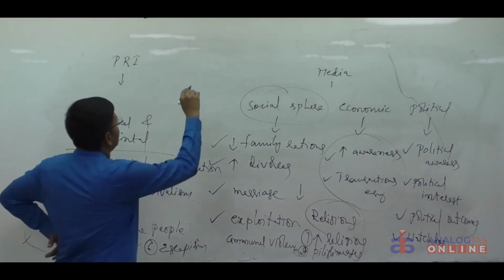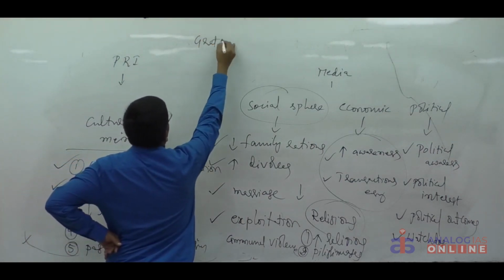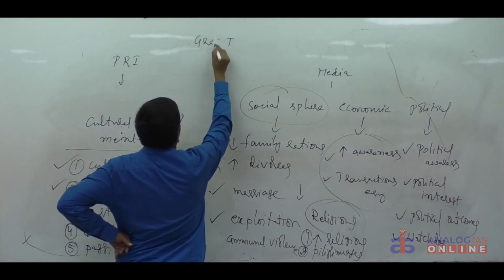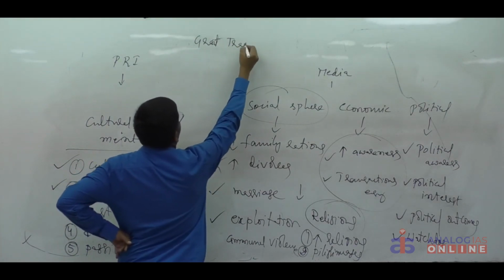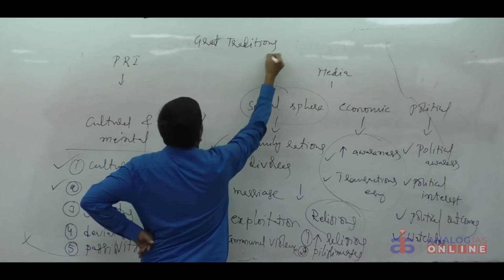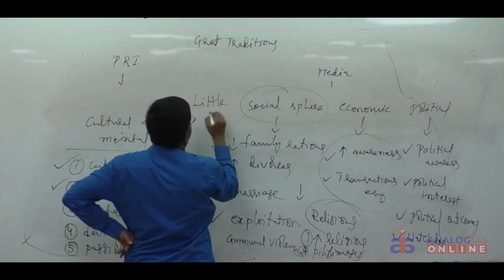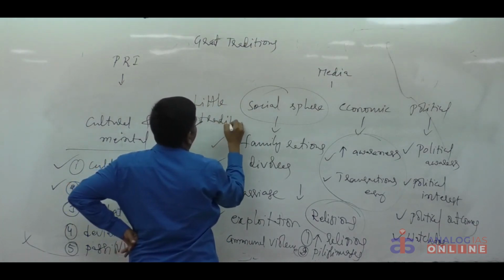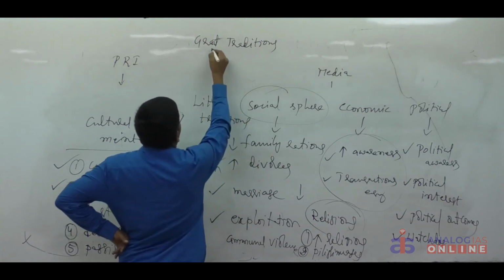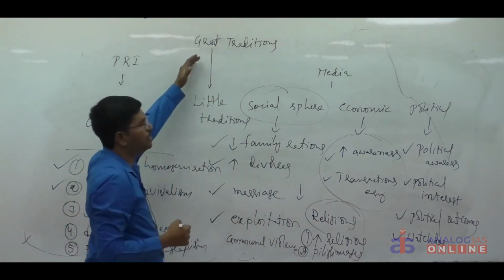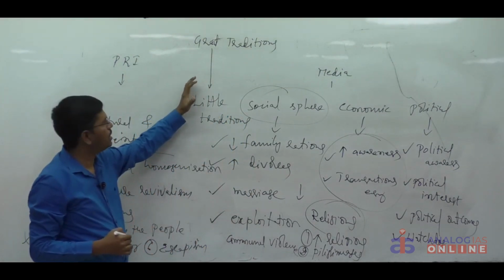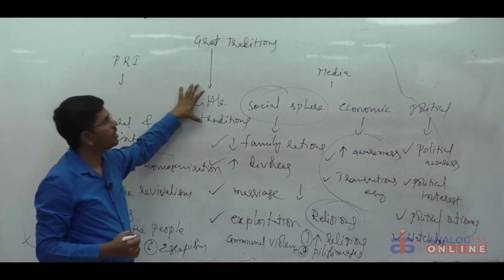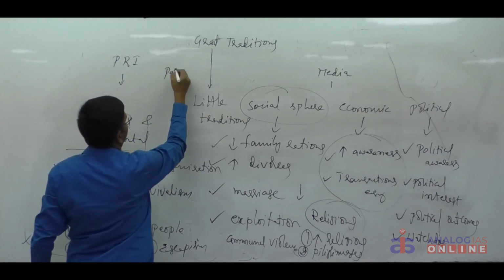Whenever there is a flow of great tradition elements in a downward direction and integration with little traditions, that is called parochialization.